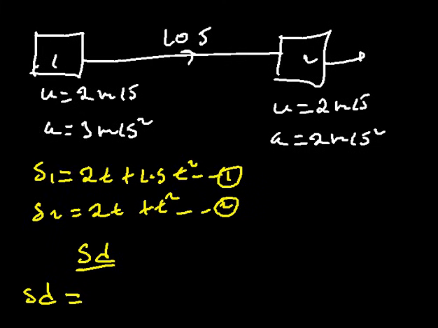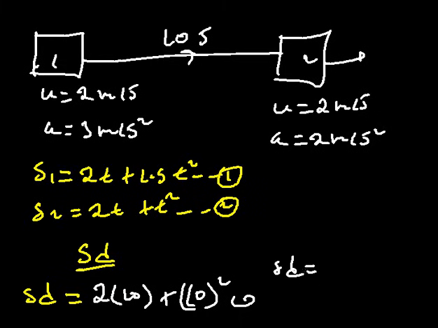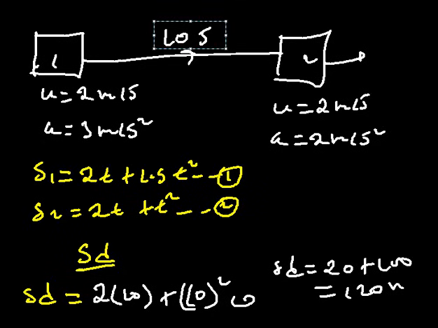So you have 2 times 10 seconds plus 10 seconds to the power 2. That corresponds to SD being equal to 20 plus 100, so that is 120 meters. So instead of 10 seconds, the distance corresponding to the 10 seconds is 120 meters.